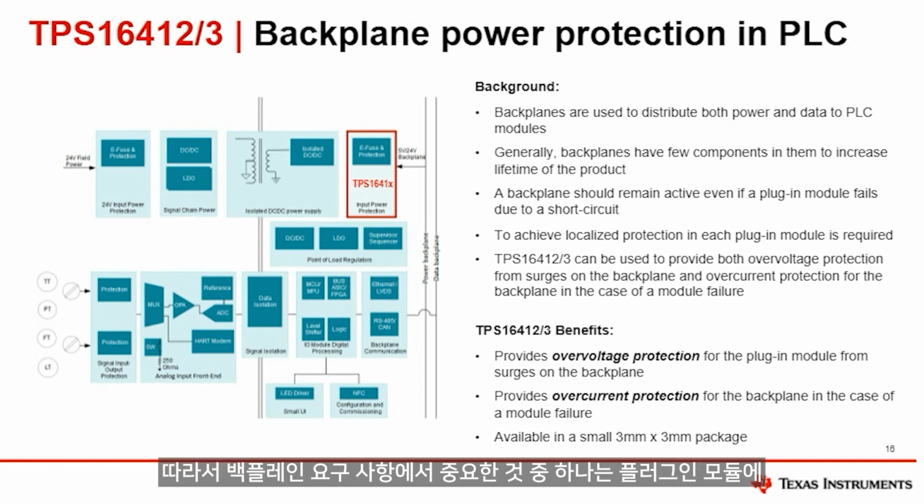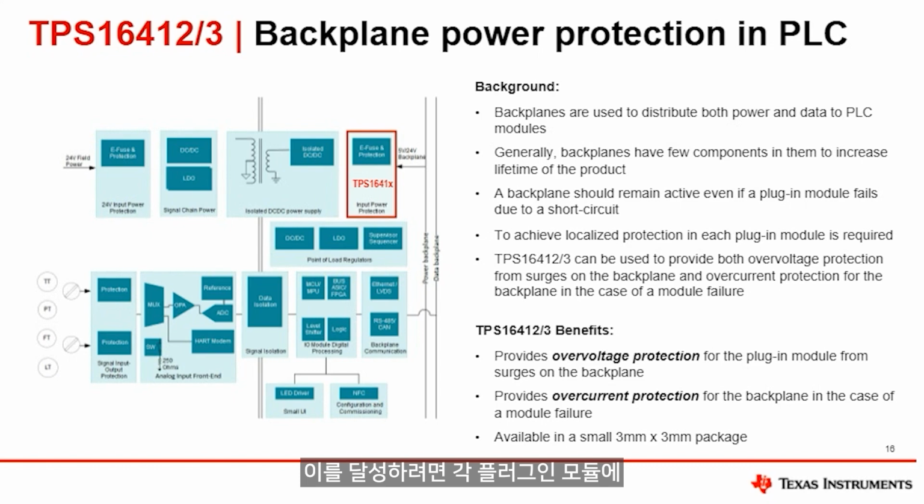One of the critical backplane requirements is for it to remain active even if a plug-in module fails. Even if one module fails, it shouldn't bring down the whole backplane. Power and data should still be provided to the other modules attached to the backplane.